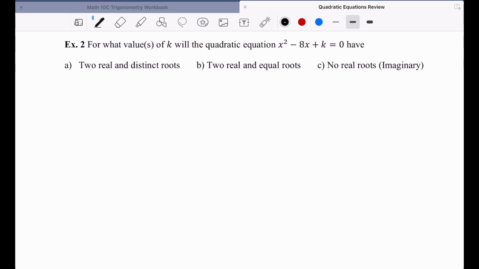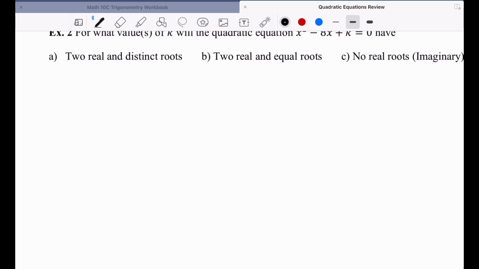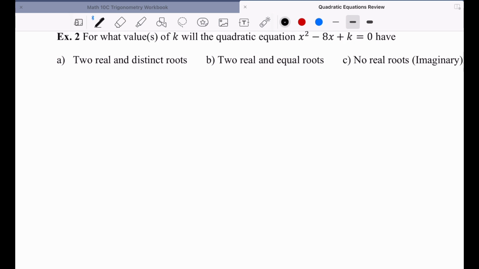What we have to do is outline the three cases we have. So if we want to focus on the discriminant to help us solve this, the discriminant when we have two real and distinct roots is b squared minus 4ac, which is greater than 0. It's a positive value. For two real and equal roots, just like the last question, b squared minus 4ac must be equal to 0.